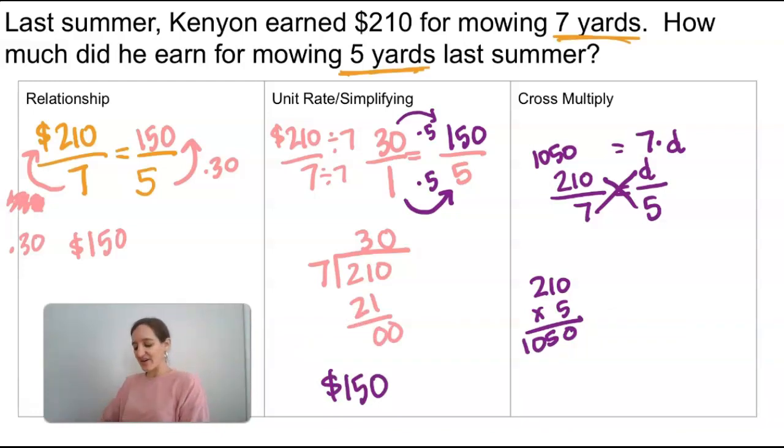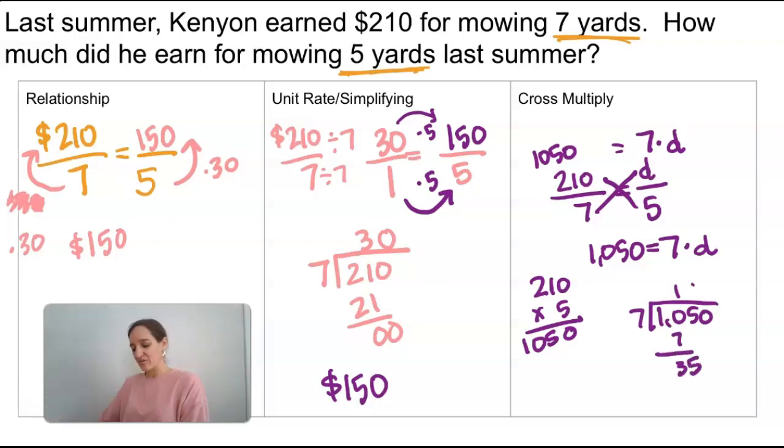Now this one's a little harder. I have 1,050 equaling 7 times D. This is not a mental math one, is it? Unless you know your sevens really well, which I don't. So I might have to work backwards on this one and take the 1,050, divide it by 7, and that will give me 150.